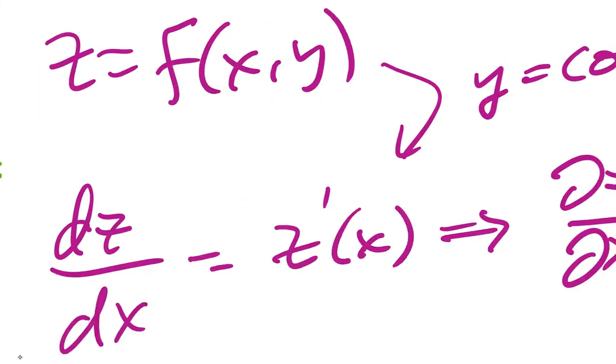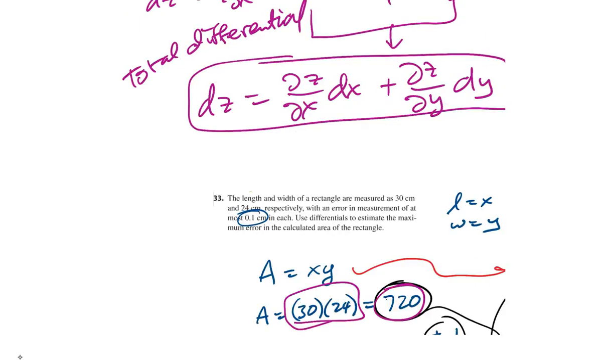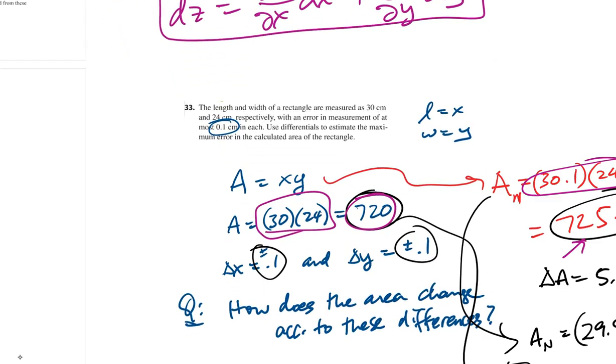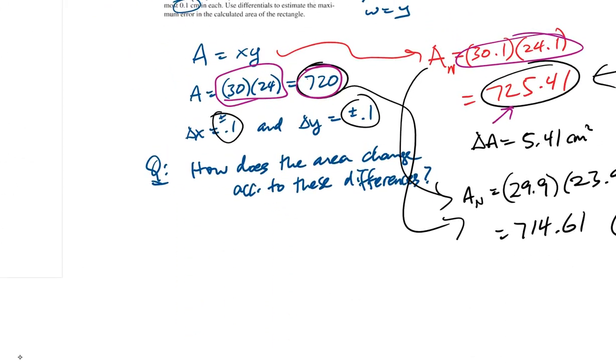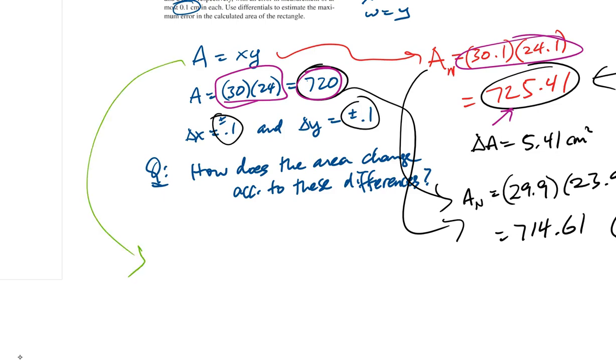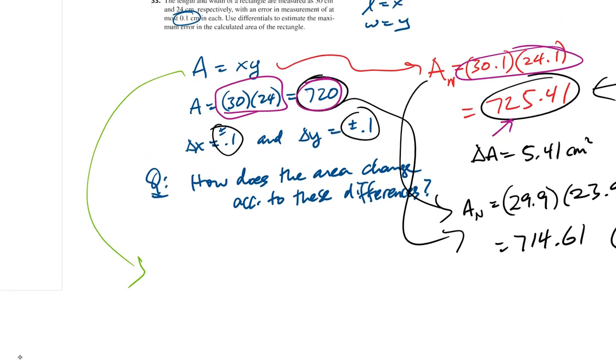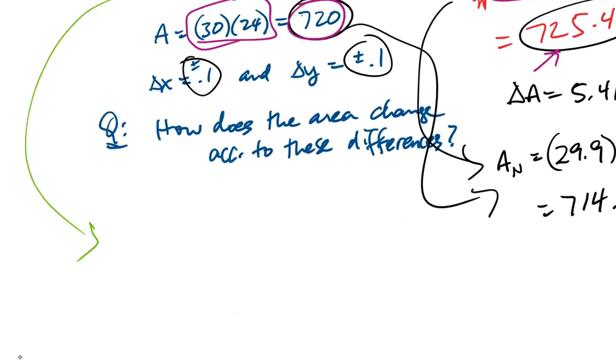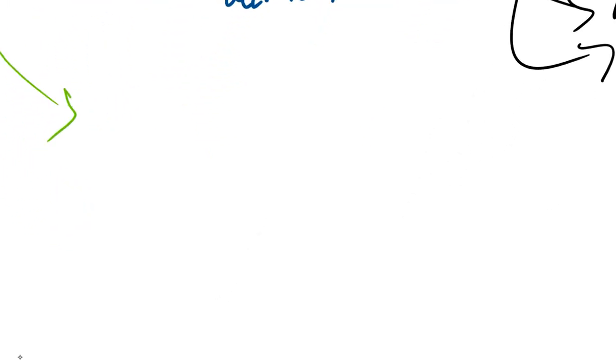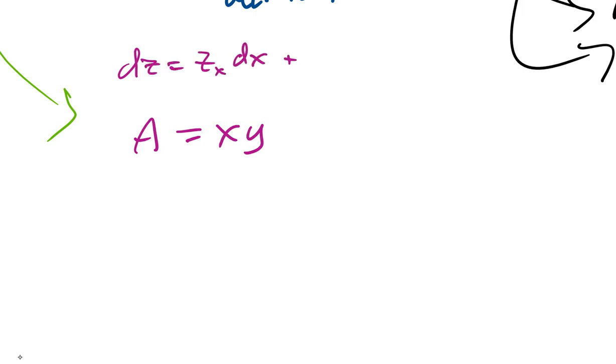So let's go back to the other one that we had, this area formula here. All right. Okay, so I'm going to write the area. So now that's going to be our z. So let's do it using differentials. I'll use purple again. So A is x times y. So remember our formula is dz equals the partial of z with respect to x times dx plus the partial of z with respect to y times dy.